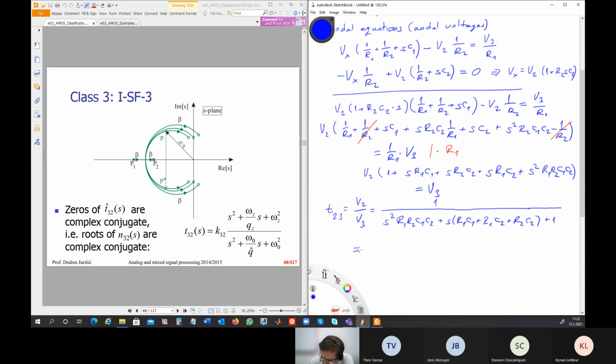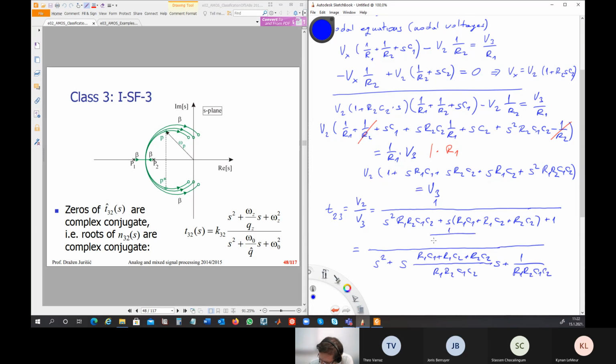We always like to write it in the form where there is unity before the highest power of S in the denominator. Then we can write S squared plus S times (R1 C1 plus R1 C2 plus R2 C2) over R1 R2 C1 C2, plus 1 over R1 R2 C1 C2.